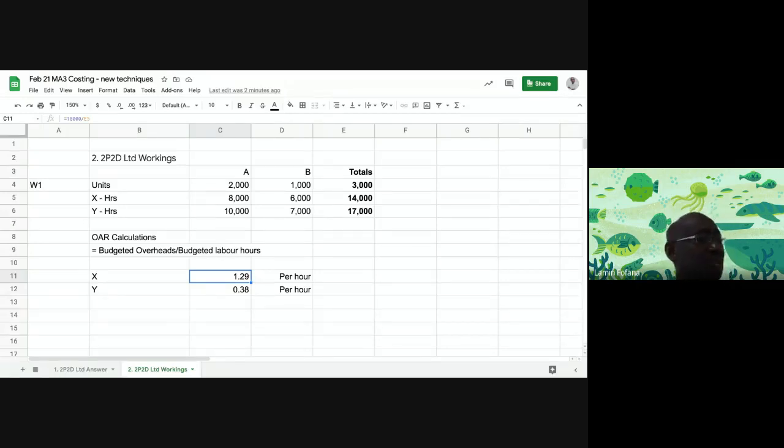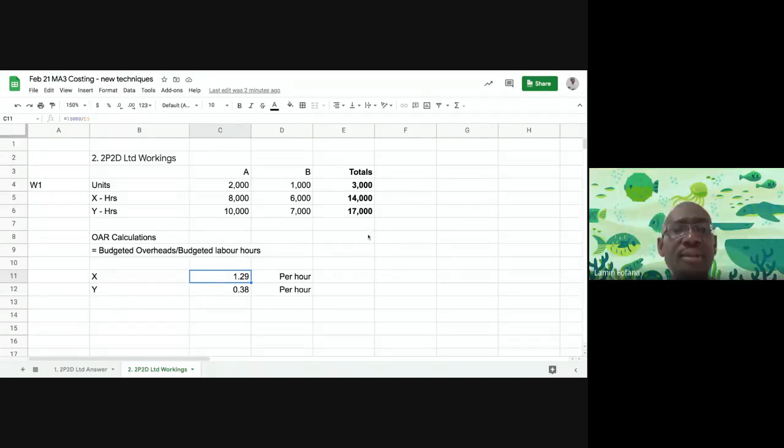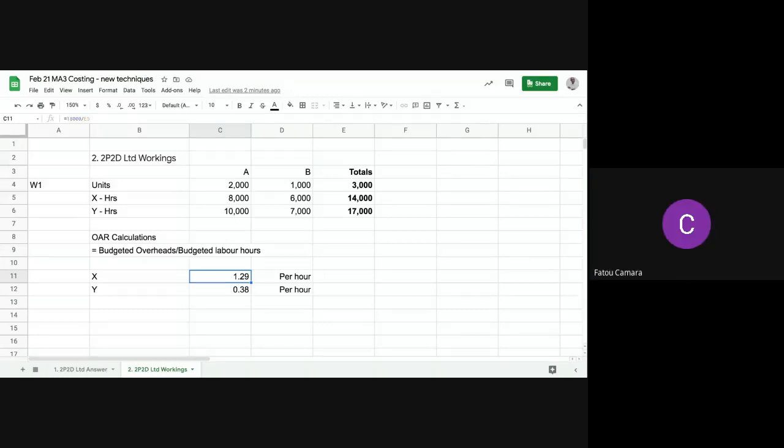The actual activity level is simply the hourly rate. And the hourly rate for product A in department X is 4, whilst for product B in department X is 6. It's already given in the question. Are you following, class? Yes.